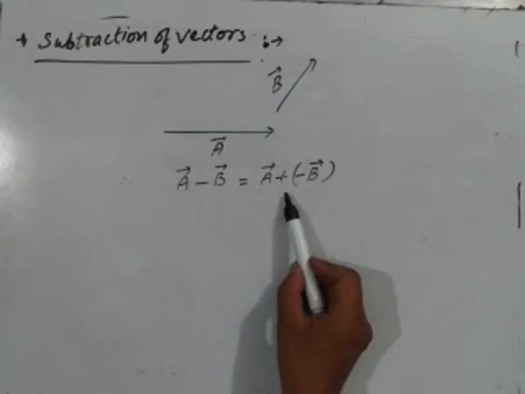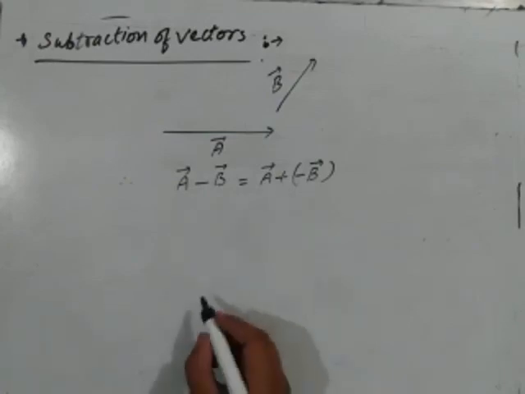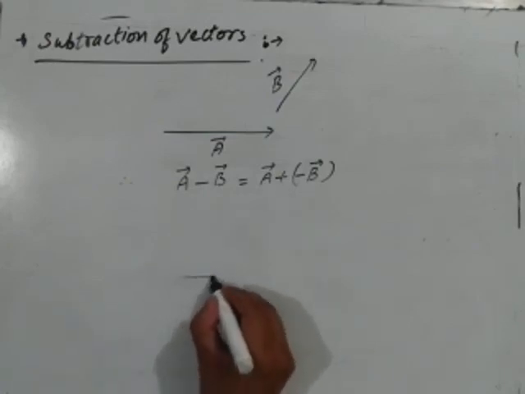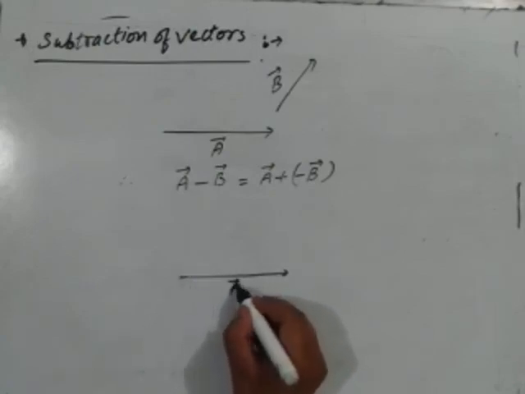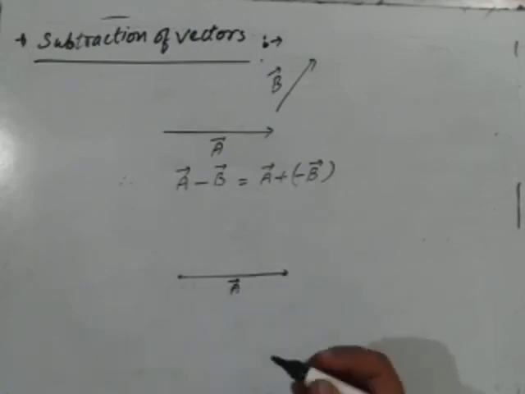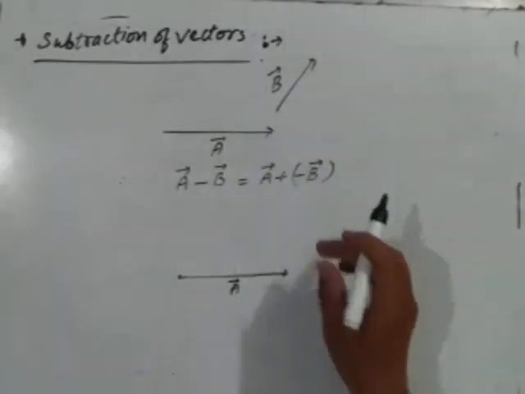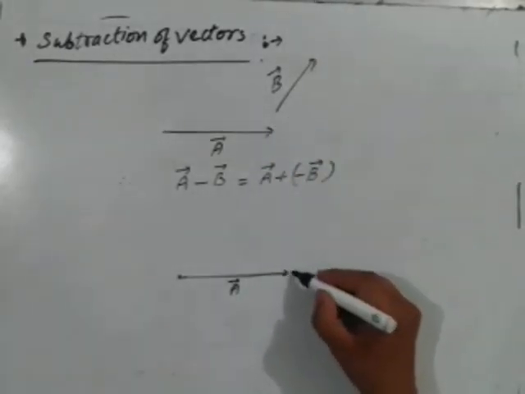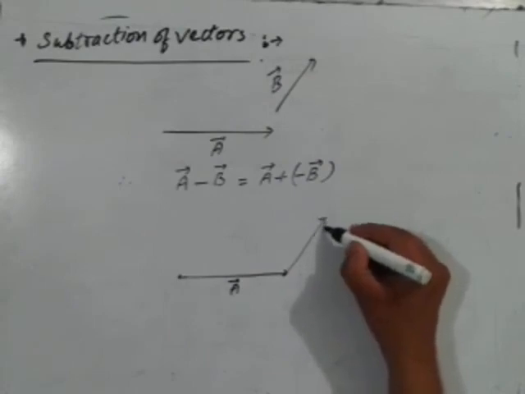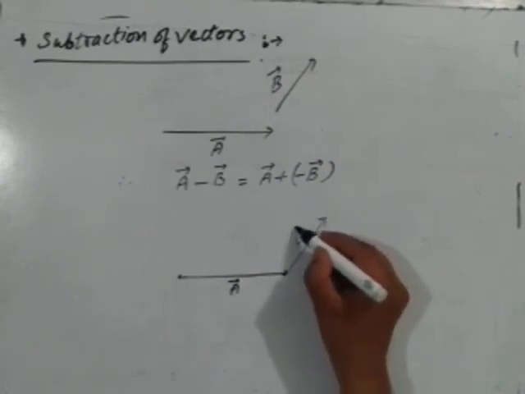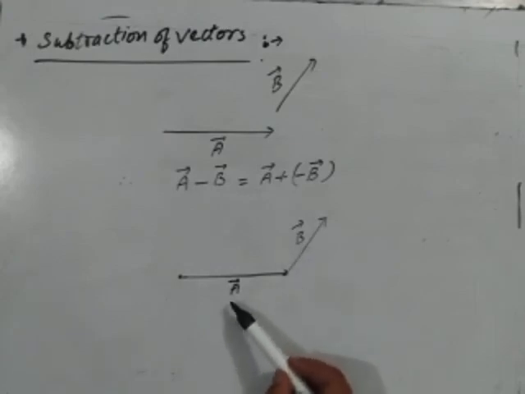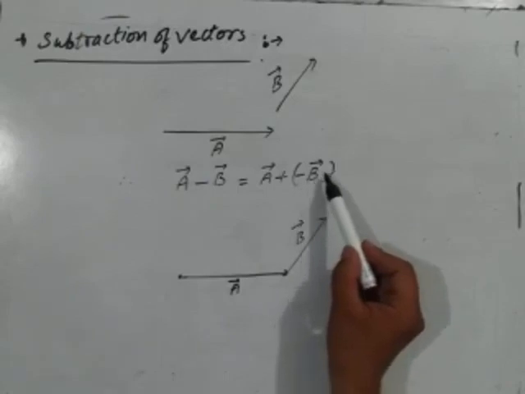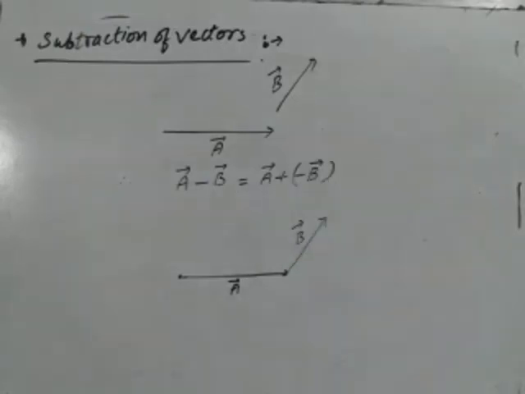So we can show this in the form of a diagram. If this is A vector, and we place this B vector at the tip of A vector without changing the direction, now we have to subtract this B vector from A vector, and for this we have to add negative of B vector.